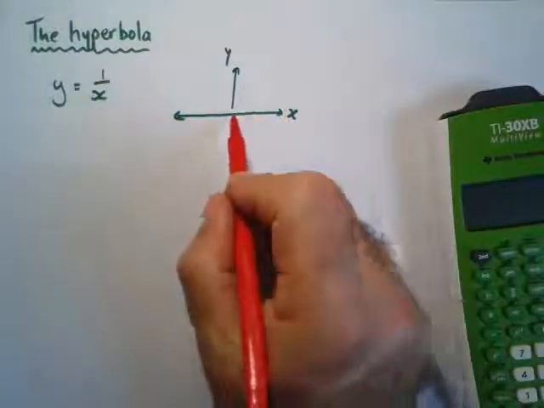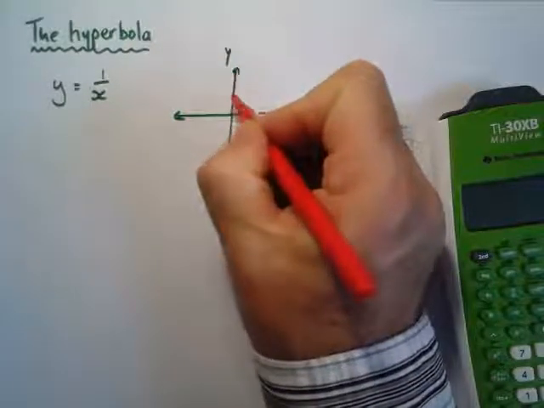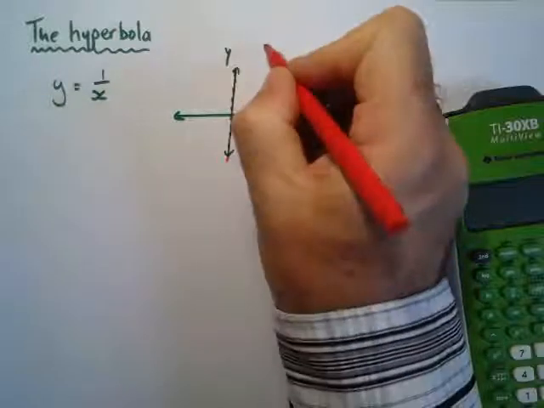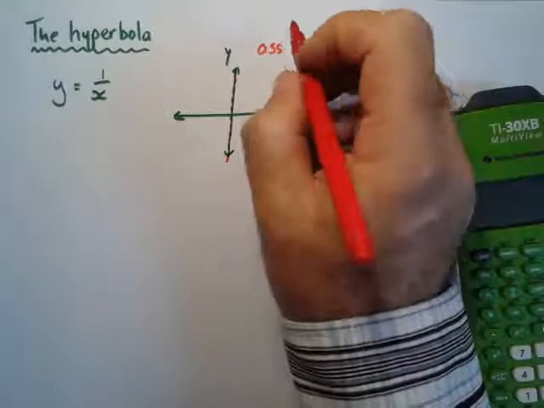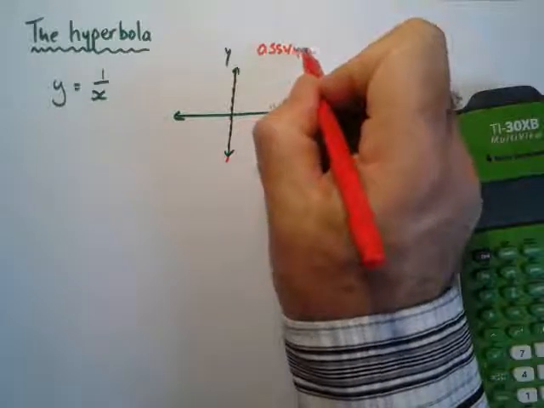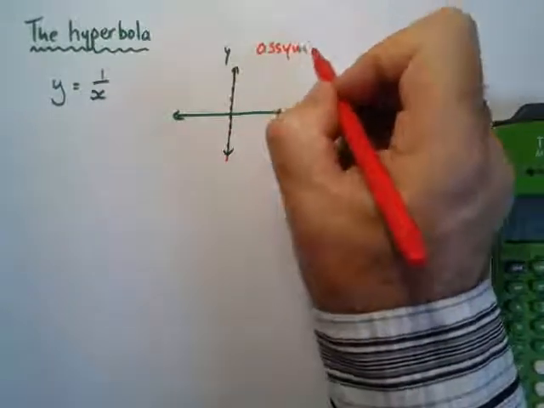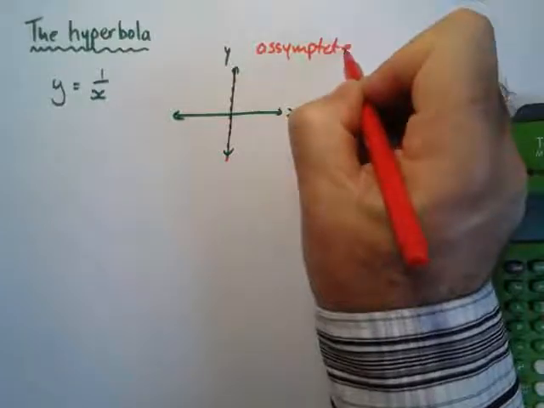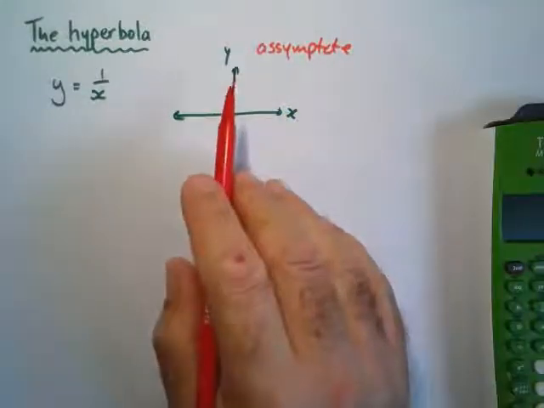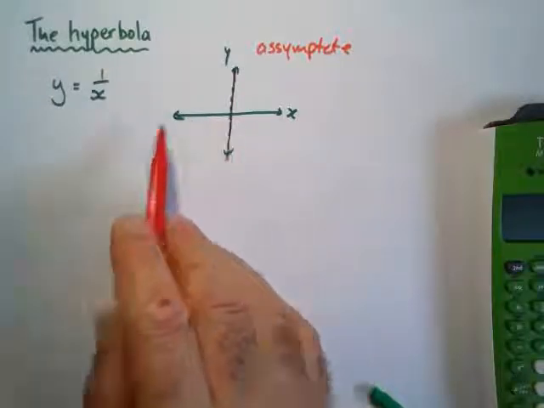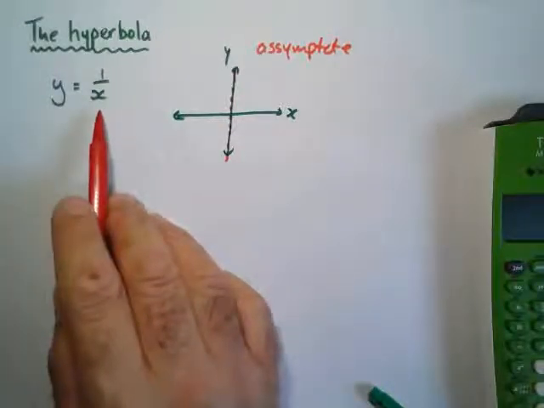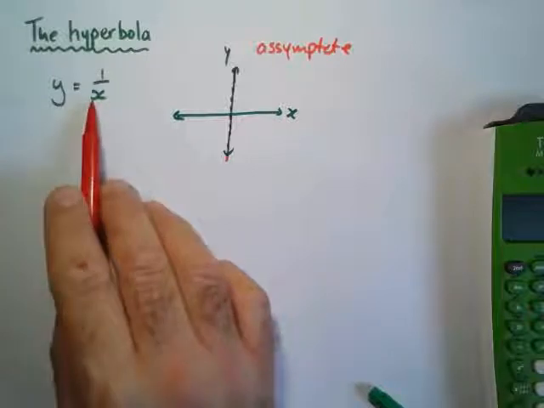Now x is 0 on here, so we're going to have a thing called an asymptote. It's called an asymptotic function or behavior because x cannot be 0. It can get closer and closer to 0, but it can never be 0, because I'm not allowed to divide by 0.